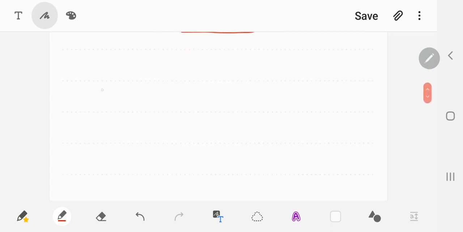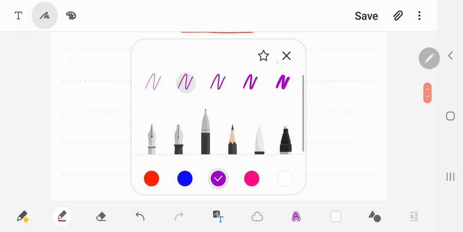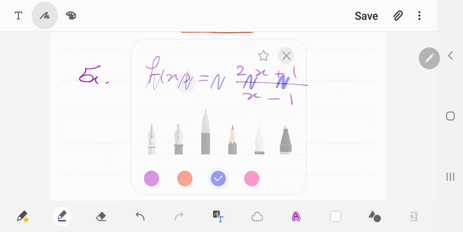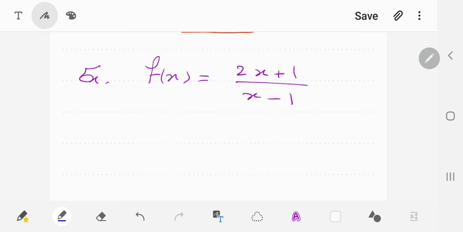So for example, let's say f of x equals 2x plus 1 over x minus 1, and I need to graph it. Then the first thing that I would look for is the domain and then the asymptotes. So what is the vertical asymptote?